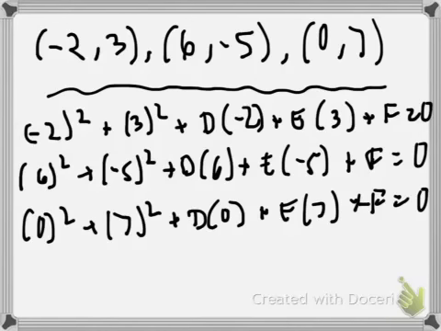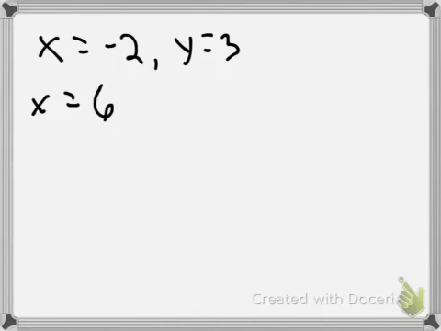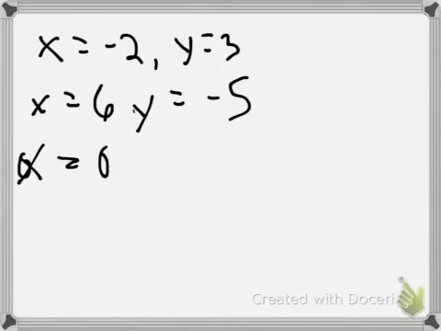Once you get these, you can have x equals -2, y equals 3, and x equals 6, y equals -5, x equals 0, and y equals 7.